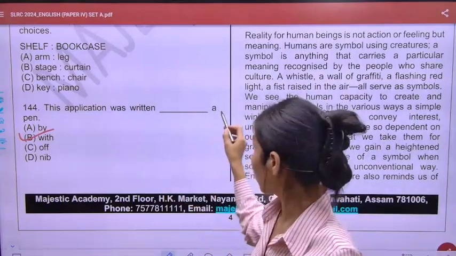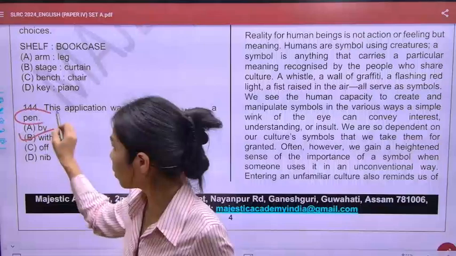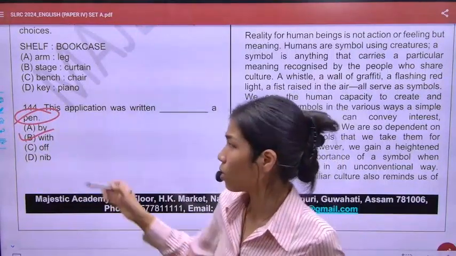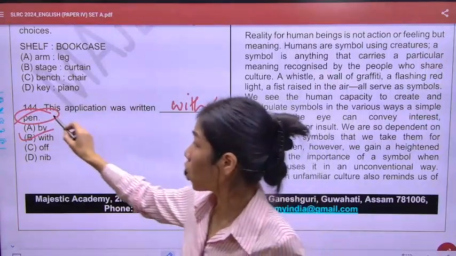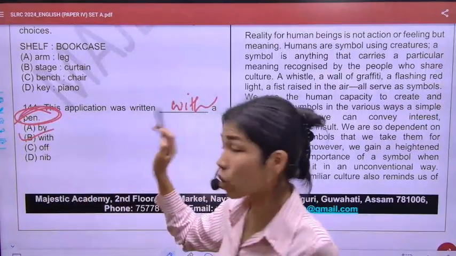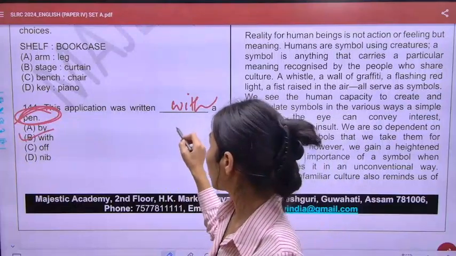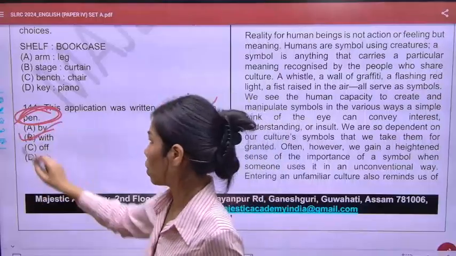The rule was, the application was written dash a pen, whenever it is given a pen, which is a non-living thing and it is countable in nature, it is always written with. If it were non-living plus uncountable, what rule did we learn? It should be in always. So the answer should be option B, with.